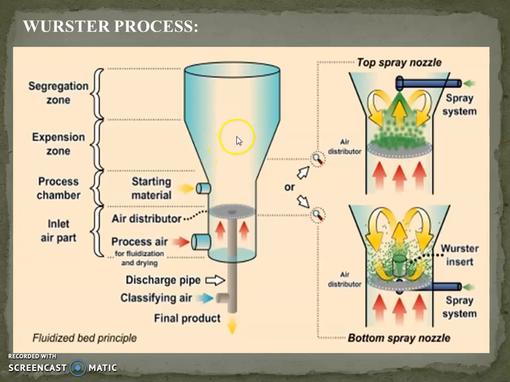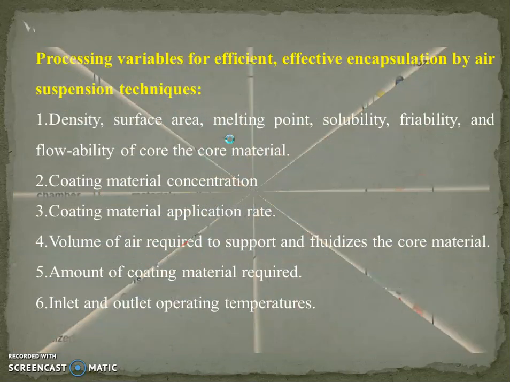The core particles in the suspended or fluidized condition receive the coating over the surface of the core material, and thus the particles get microencapsulated in this process. So this is called the Wurster process.